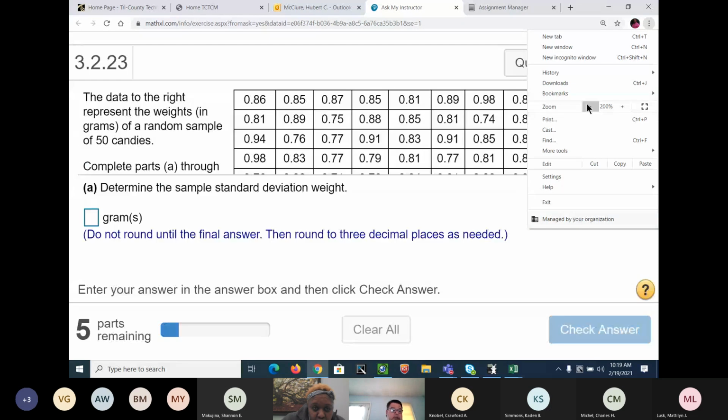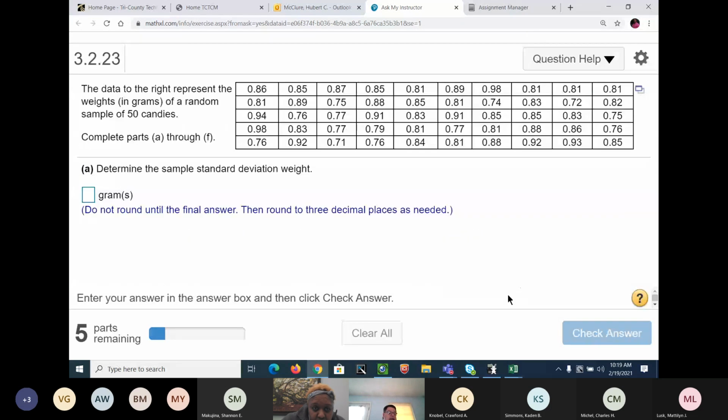Write them down. And I want you to take a minute and punch those in your calculator. Now you're going to have to put them in order, and I will show you how to do that on your calculator. So go ahead and type them in. Quick question. What happens if you don't put them in order? Then if it asks you for the median and things like that, the median will not be correct.